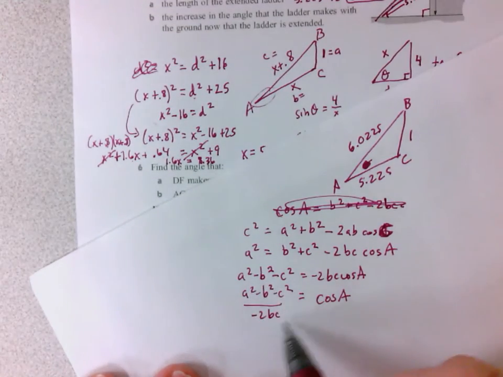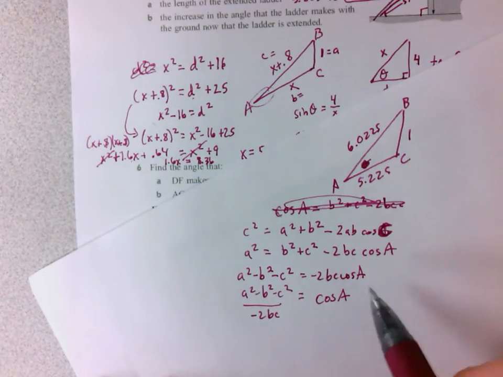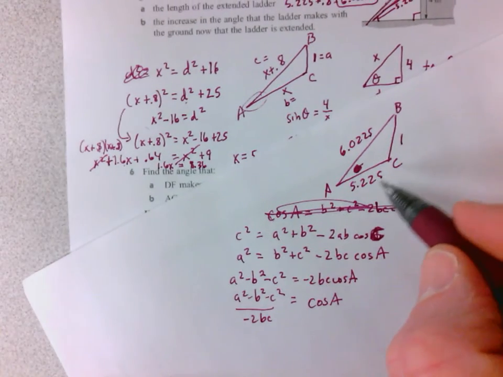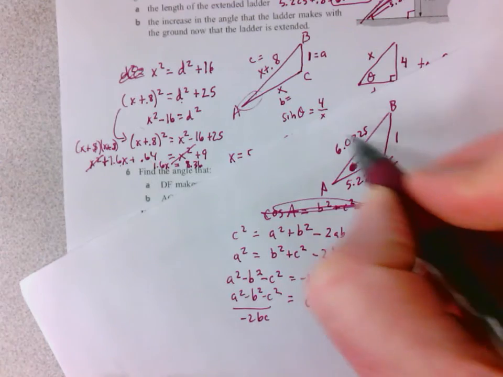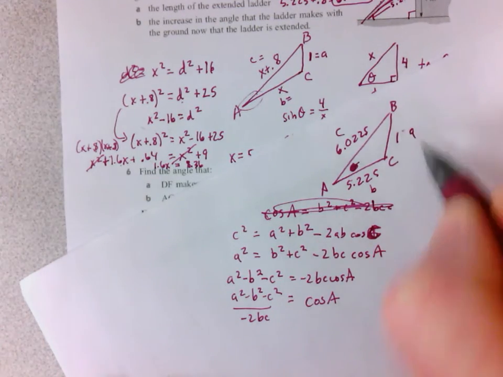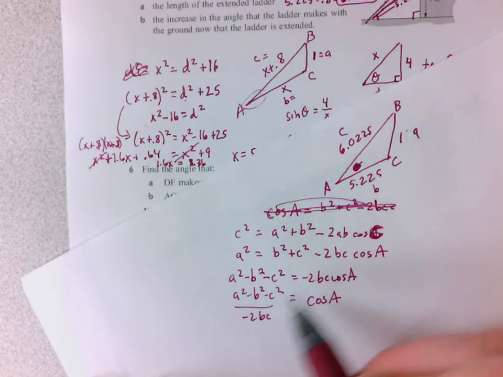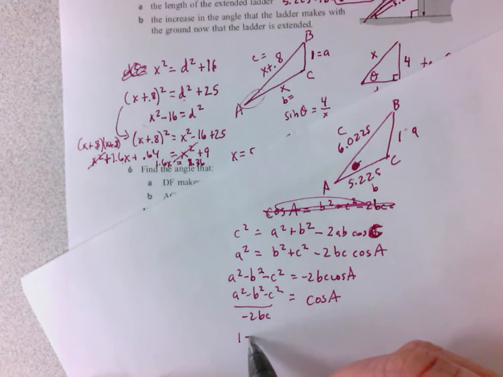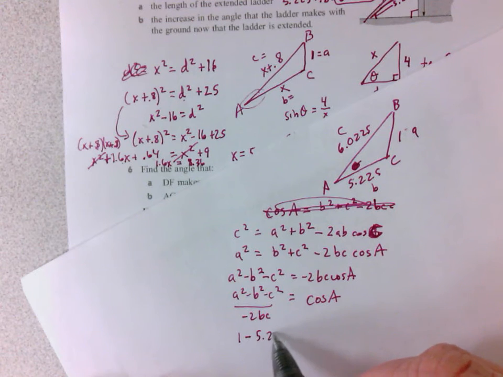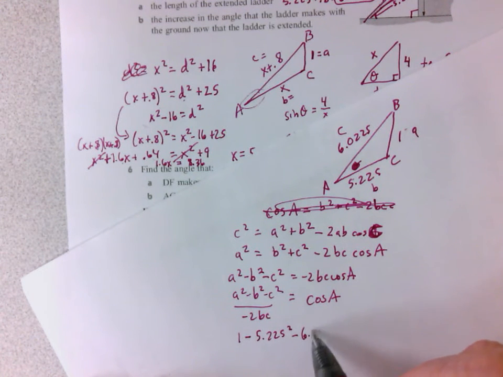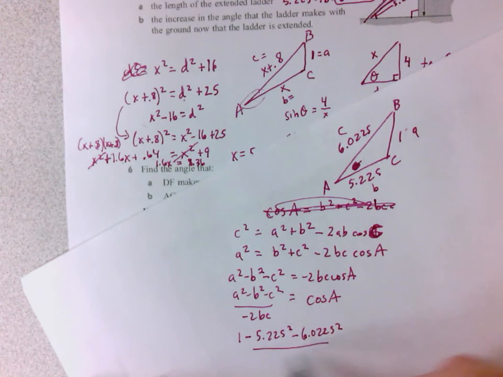So if I just plug in my numbers here for those sides, I should be good. So remember, this is B, this is C, this is A. Because it's opposite the side, I have 1 squared minus 5.225 squared minus 6.0225 squared all over negative 2 times 5.225 times 6.0225.